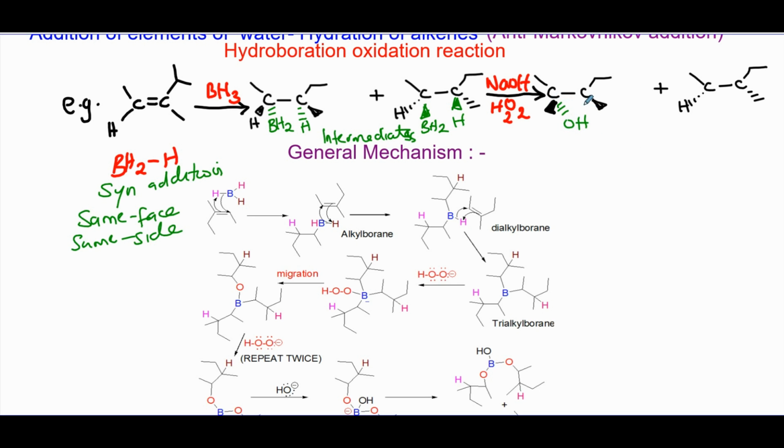So OH will be there, and the H will go there, it's still there, and then in this case, OH will be here, it replaces the BH2, and the H will be right there. Okay, so starting with this molecule, you're gonna end up with the 2 enantiomers.